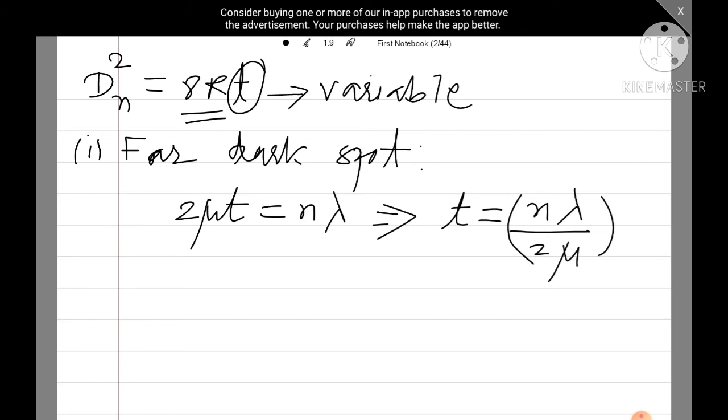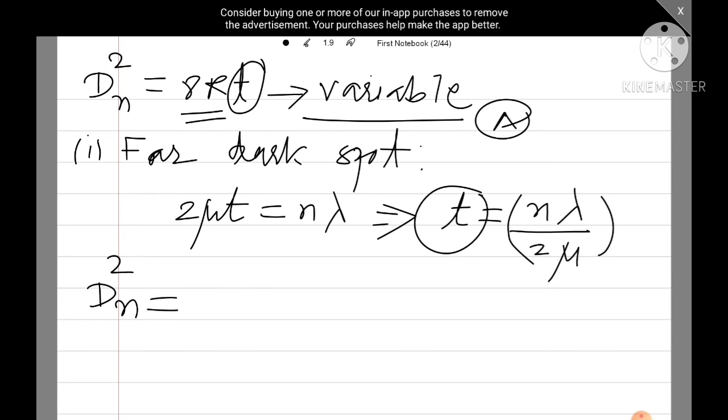So let's substitute this value of t in this equation, suppose A. So we have the diameter of nth dark fringe, means dn square will be equals to 8r as it is. At the place of t, let us substitute n lambda upon 2 mu.